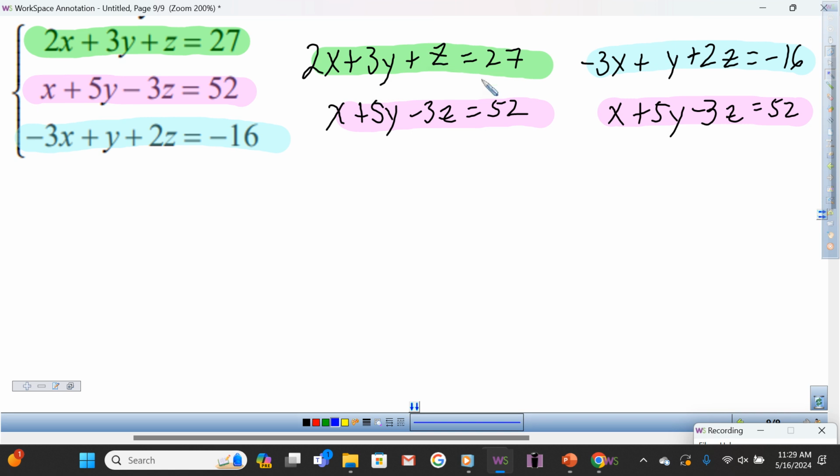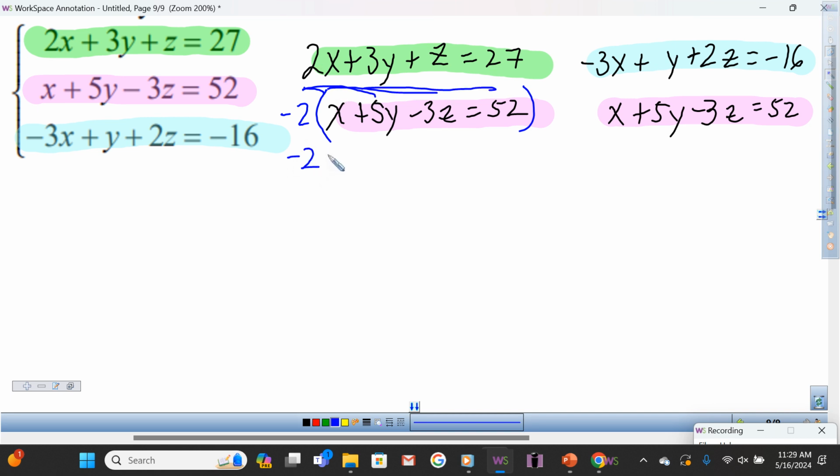Okay, so here we go. I'm going to go with this one. So to eliminate x, look up to the screen. I have positive 2x. This one needs to be what? Negative 2x. So I'm going to multiply this bottom one times negative 2. So distribute, distribute, distribute, distribute.